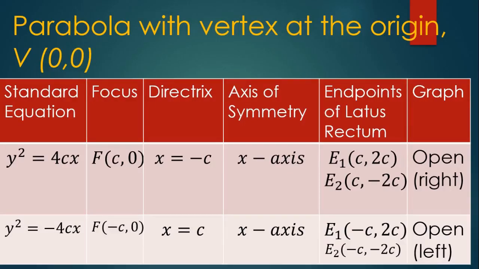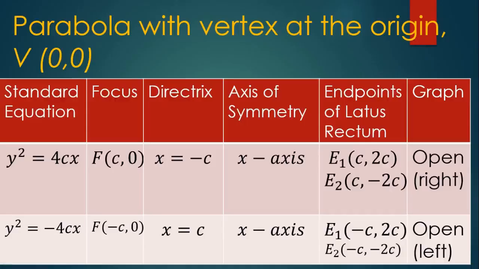So, narito ang iba't ibang equations ng ating parabola with vertex at the origin. Kapag ang standard equation ng parabola ay in a form ng y squared equals 4cx, ang ating focus is located dun sa positive x-axis na kung saan ang kanyang ordered pair is (c, 0).